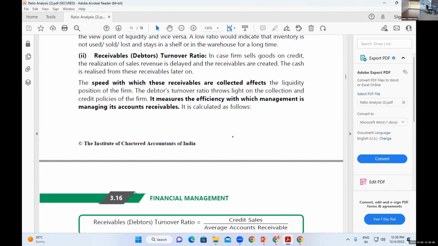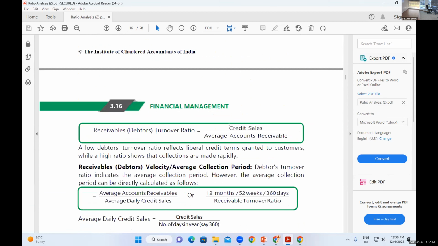Debtor turnover ratio. Another component of current asset is debtor. That is compared with sales. Debtor turnover ratio is equal to total credit sales divided by average accounts receivable.